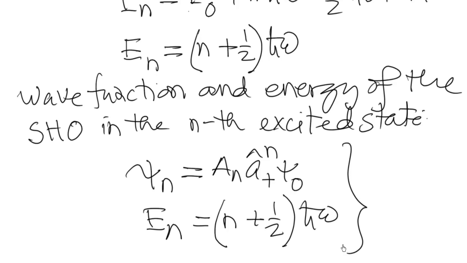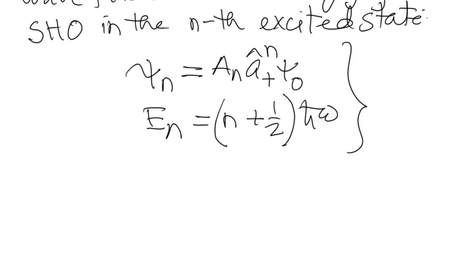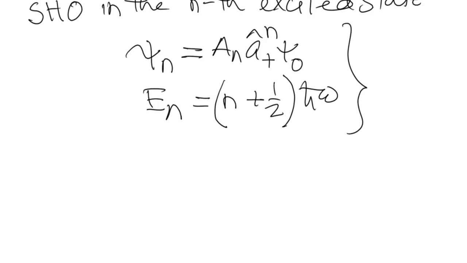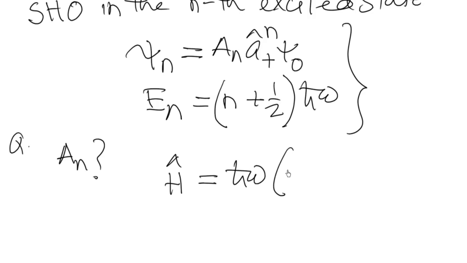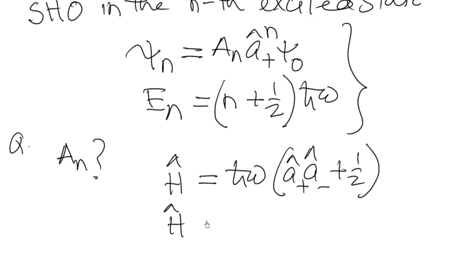Now our task is to find this constant An. In doing this, we recall that our Hamiltonian operator is this, and another expression of the Hamiltonian operator of the simple harmonic oscillator is this.